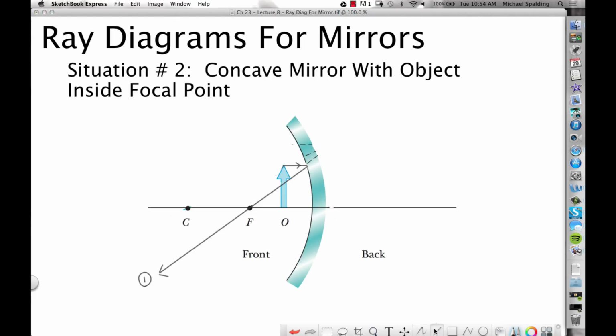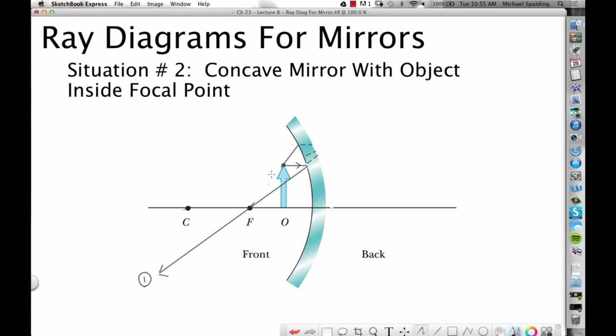Now, what does the next ray do? The next ray might have been a stumper, because what you got to do is imagine a ray going like this, through the focal point, up to the mirror like that. You got to line up the tip of the object and the focal point. Although you don't have to show this part. You could leave that part off.